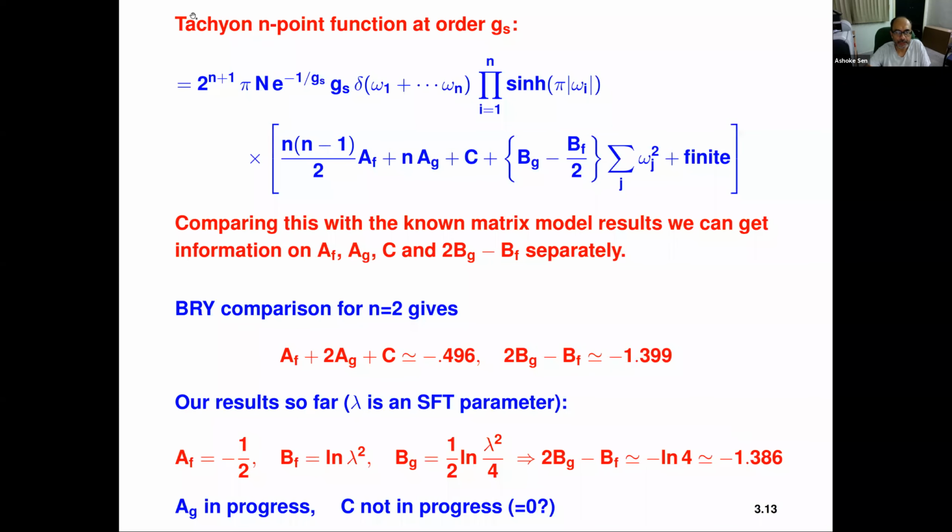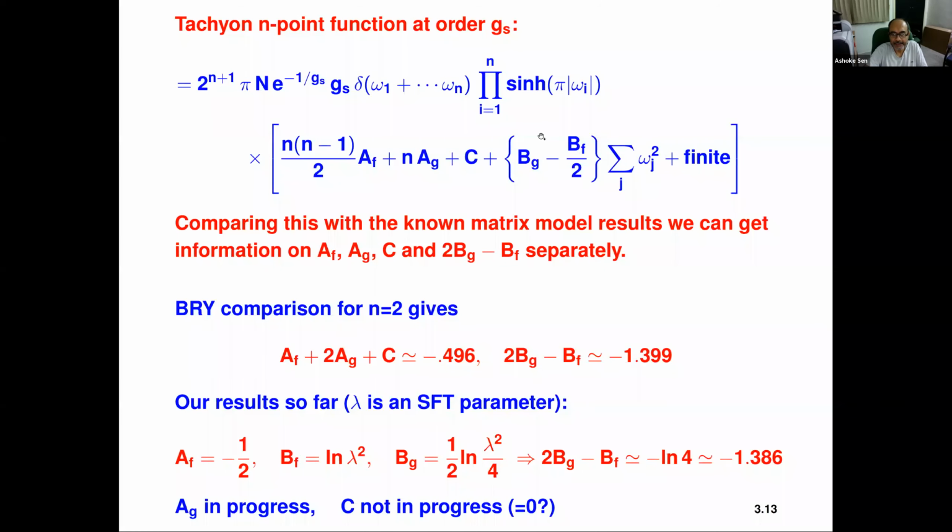Okay, so here I have written down again the same formula. So now the idea is that in principle this is known in the matrix model. In fact, not just in principle, there is a very explicit expression for the actual amplitude to this order. So one can now compare this with the matrix model results to get the results for AF, AG, C and this combination.